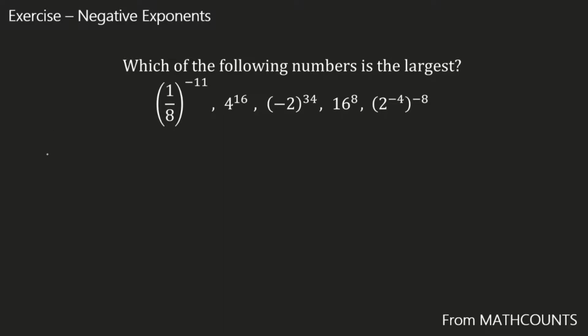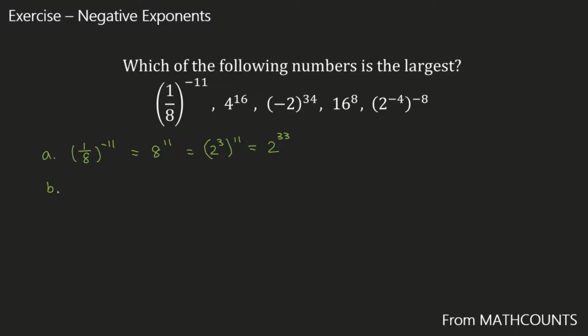Let's start with the first one. We have 1 over 8 raised to the negative 11th power. This is the same as 8 raised to the 11th power. 8 is 2 to the third. The whole thing raised to the 11th power, which is equal to 2 raised to the 33rd power.